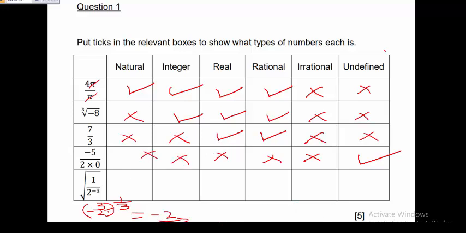So we can then move on to the next part of the question, which is also very tricky. Remember, you have the square root here, where there's a fraction inside, 1 over 2 to the power of 3. This can be simplified by removing the fraction and putting it as 2 to the power of -3. Remember, when you make it a fraction, that's when you turn the exponent into a negative sign.